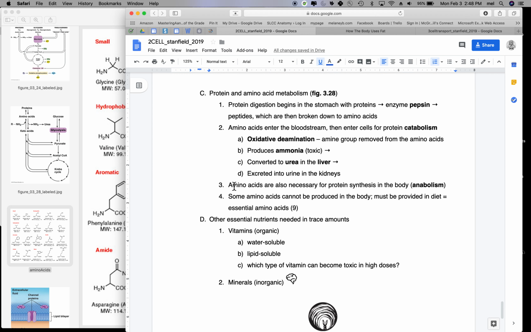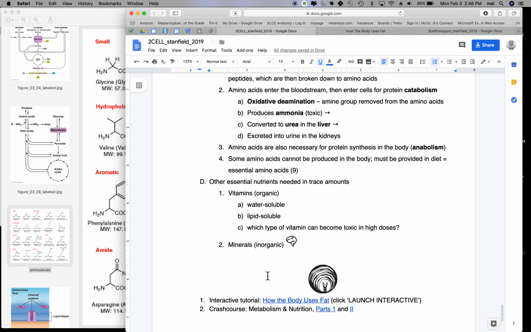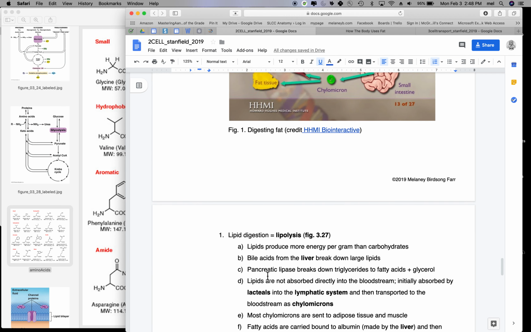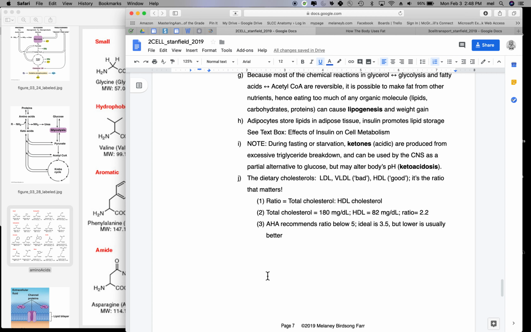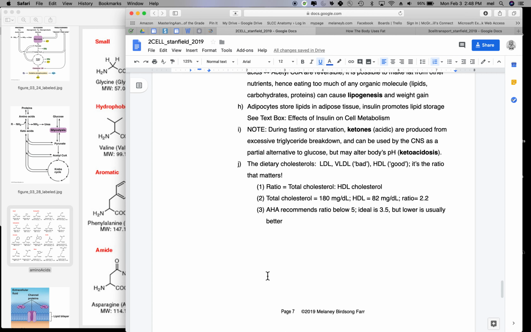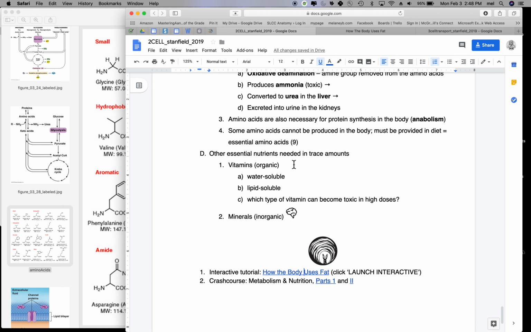The only other little tidbit to tell you guys about this is that there are some other essential nutrients that are not these big macromolecules that you need in, for instance, gram quantities, like proteins and carbohydrates and fats. Those are, again, back to the whole idea of vitamins and minerals.